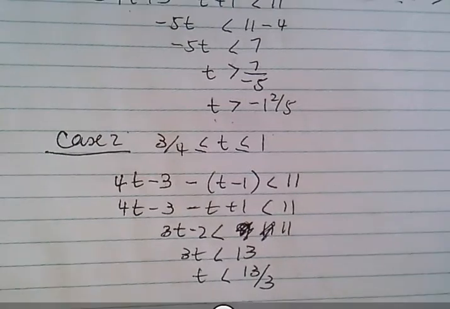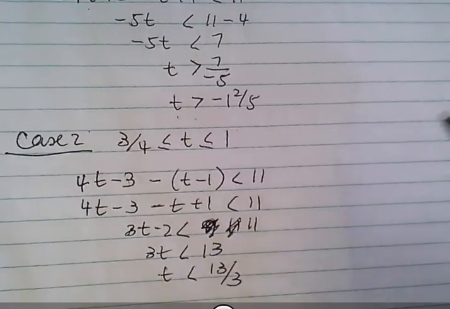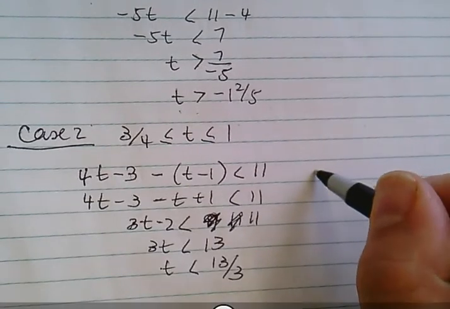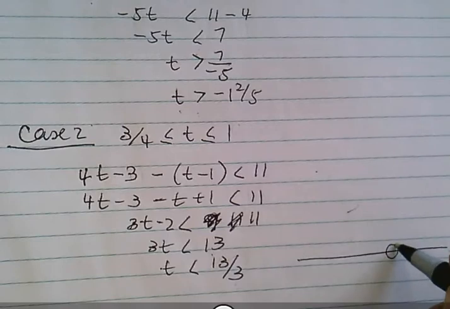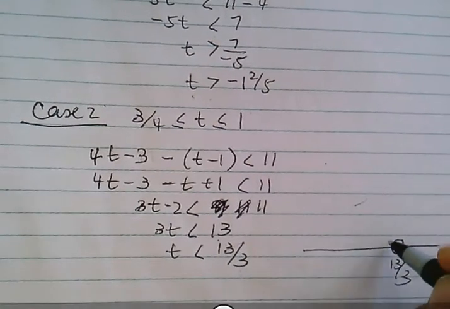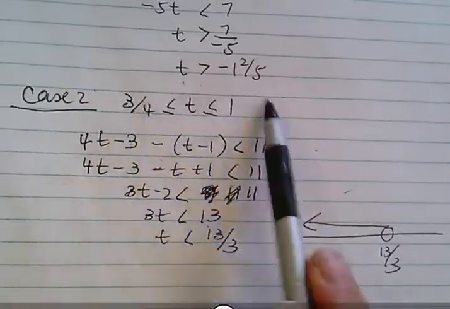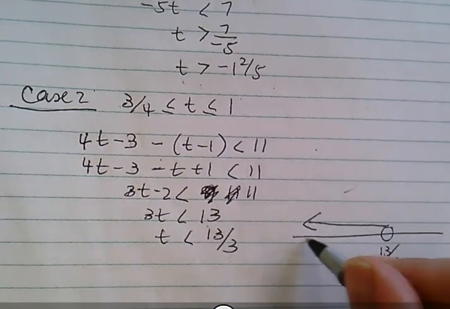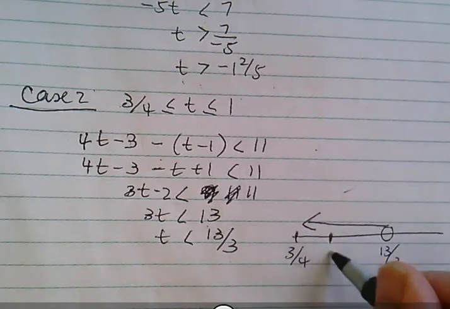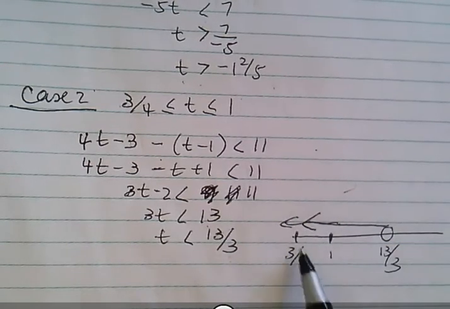Now, this method is tricky, but t is less than 13 over 3, meaning that t is less than 3 and a third. But this is saying I only want values of t between 3/4 and 1. So 3/4 and 1 are in here, so all the values between 3/4 and 1 are included.